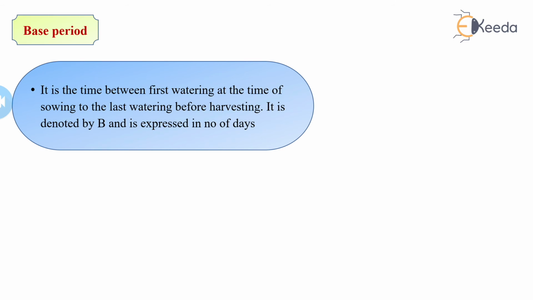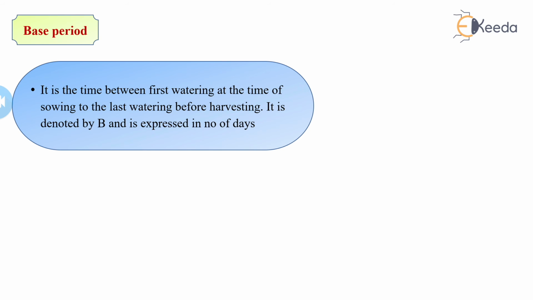Generally, this refers to the whole period of cultivation from the time when the irrigation water is first issued for the preparation of the ground. So at the time of sowing we need to cultivate and plough the ground properly before the sowing. So the first watering which is required for this ploughing and cultivation purpose, from this time up to the last watering before the harvesting, this time is known as the base period.